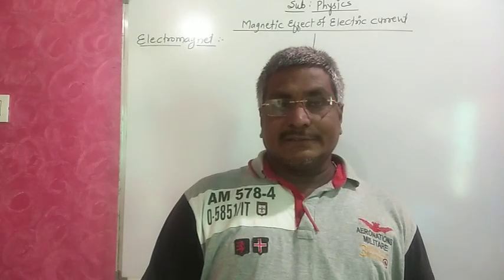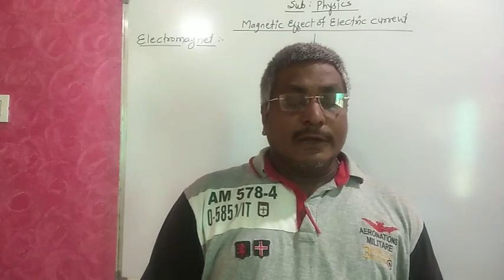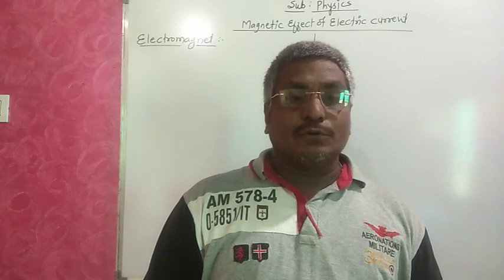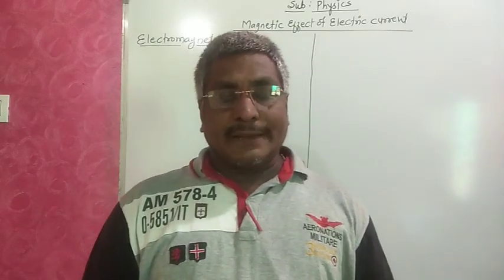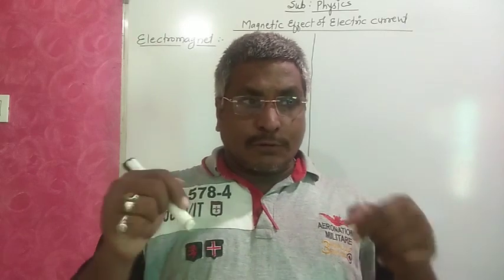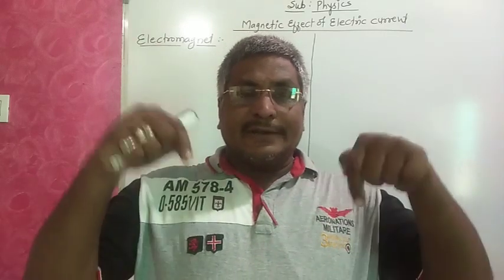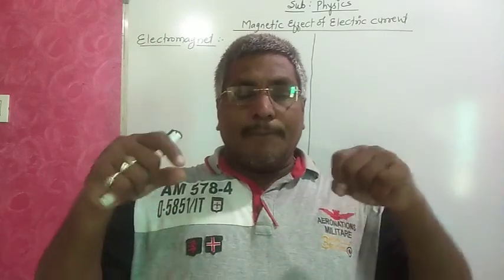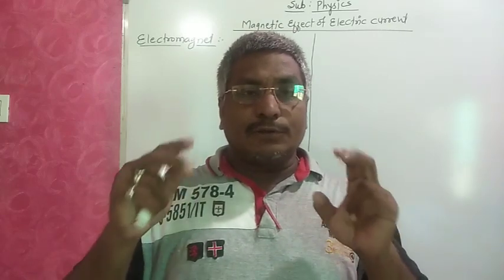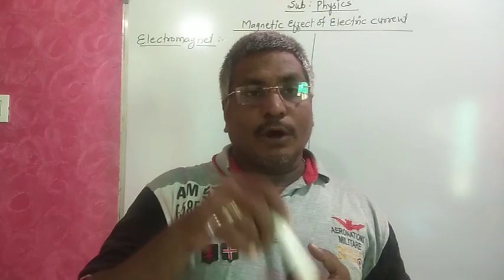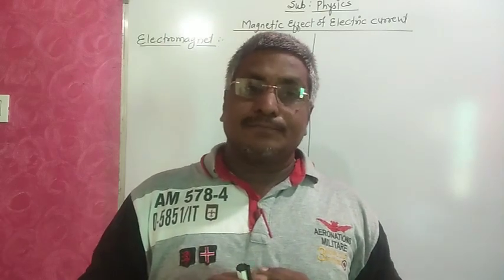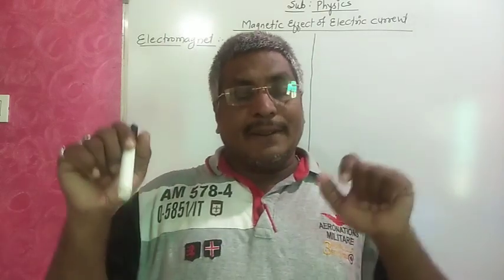Then we discussed the magnetic field pattern due to a circular loop. The circular loop passes through the board at 2 points. Around those 2 points we got concentric circles, bigger and bigger.